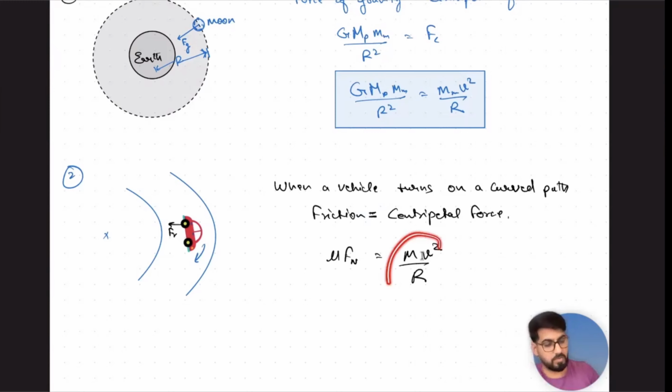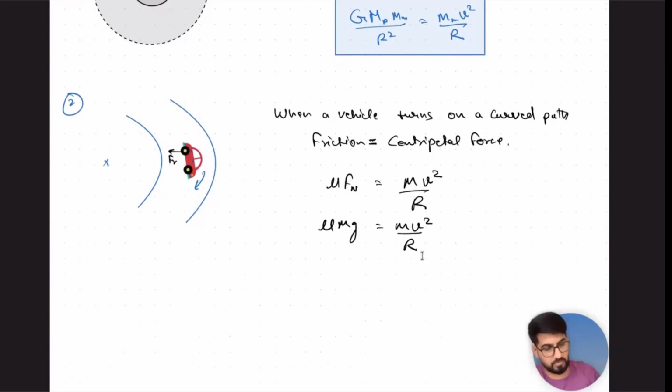Always remember, whenever you're putting a formula of centripetal force, this m is the mass of the object moving in the circular motion. So here it is the car, so this will be the mass of the car. Fn here you can simply say is mg, the weight acting downward, as the normal force.